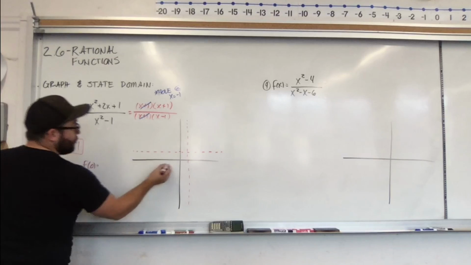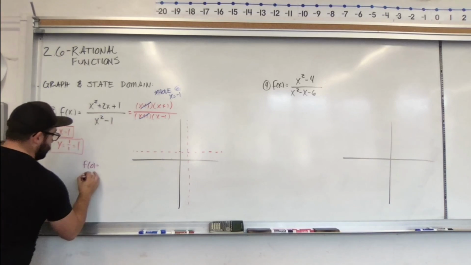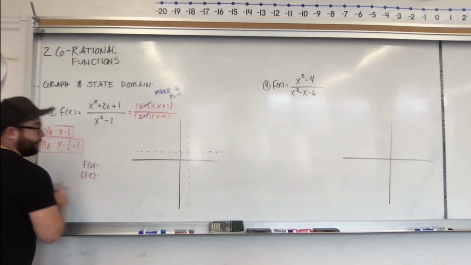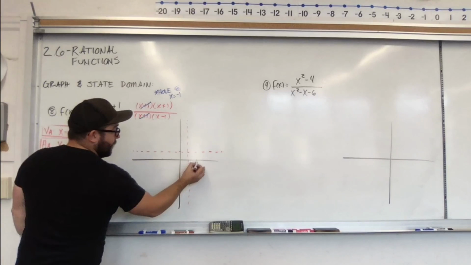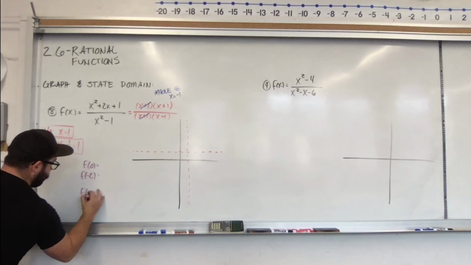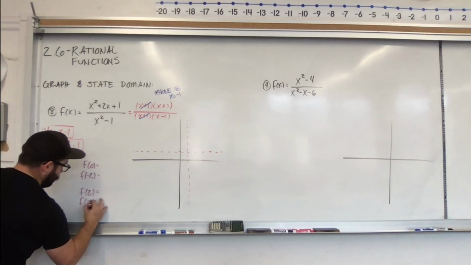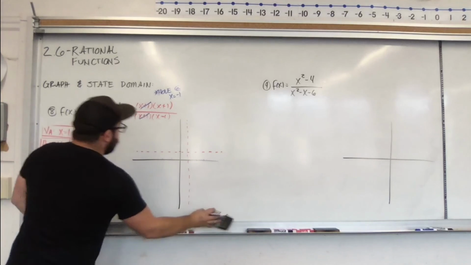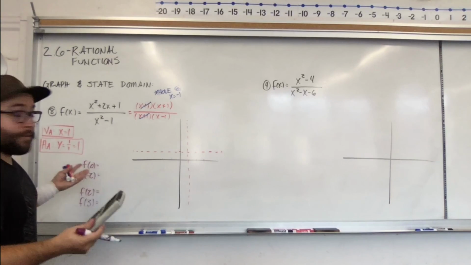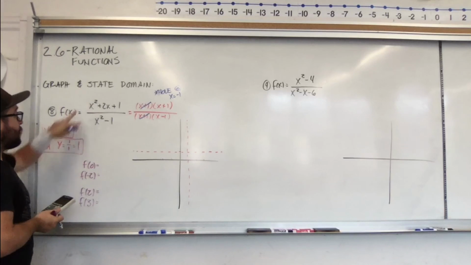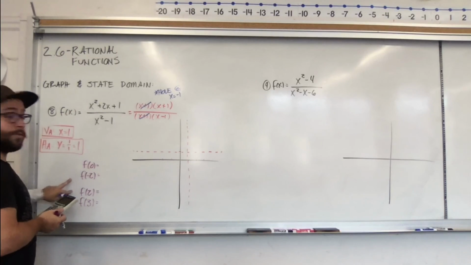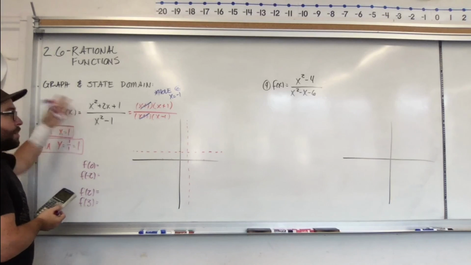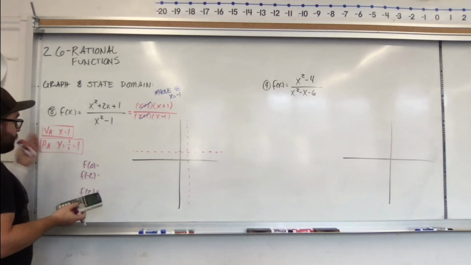So I want to go one more over, not at negative 1, but at f of negative 2. Then on the right-hand side, f of 2 and f of 3. One more time, if you got a graphing calculator, speeds up this problem of testing points real quick for us. You can plug them in by hand, but you might as well save yourself some time.